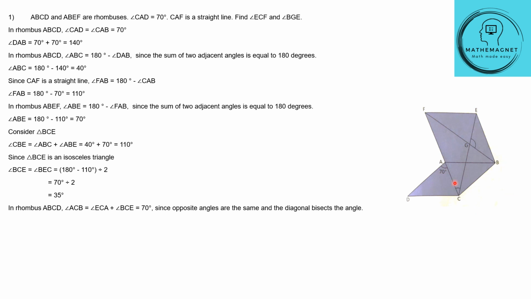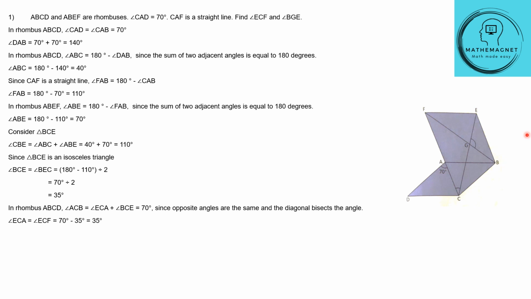We know BCE is 35 degrees, so we can easily find ECA or ECF, both are the same. ECA, which is equal to ECF, will be 70 minus 35, which is equal to 35 degrees. Now we found one of the unknown angles asked in the question.